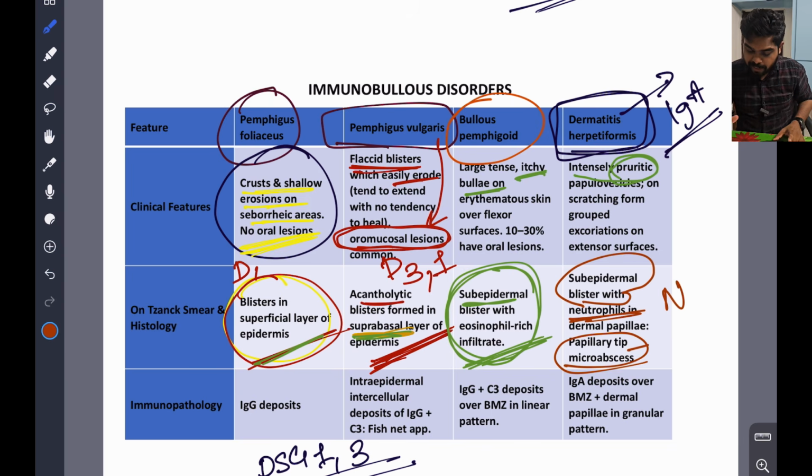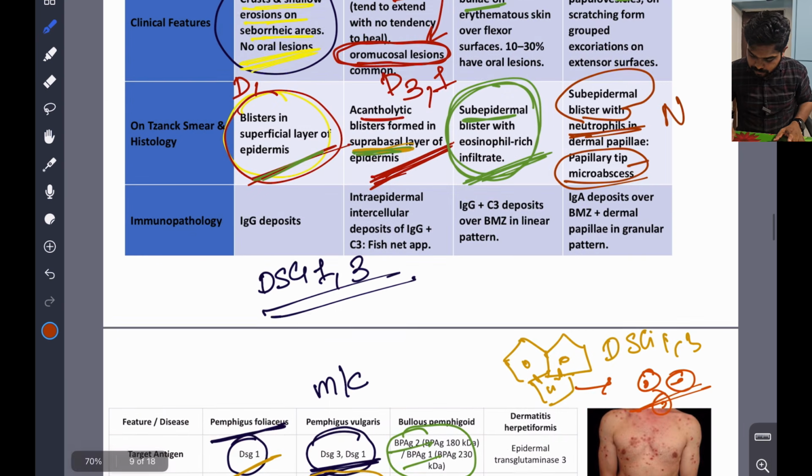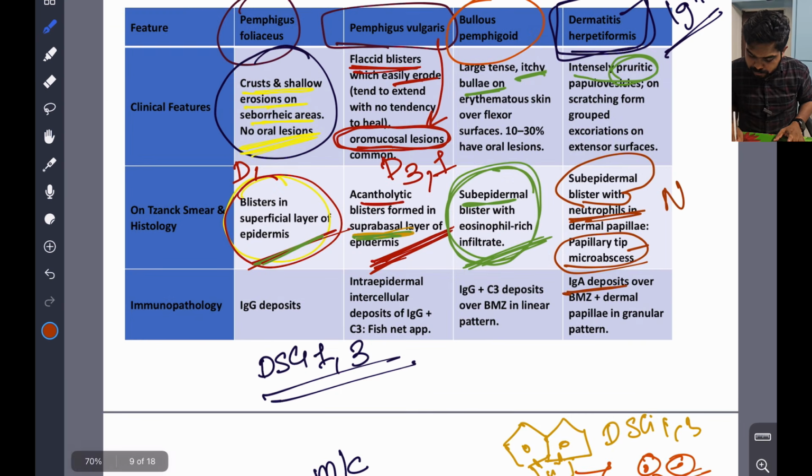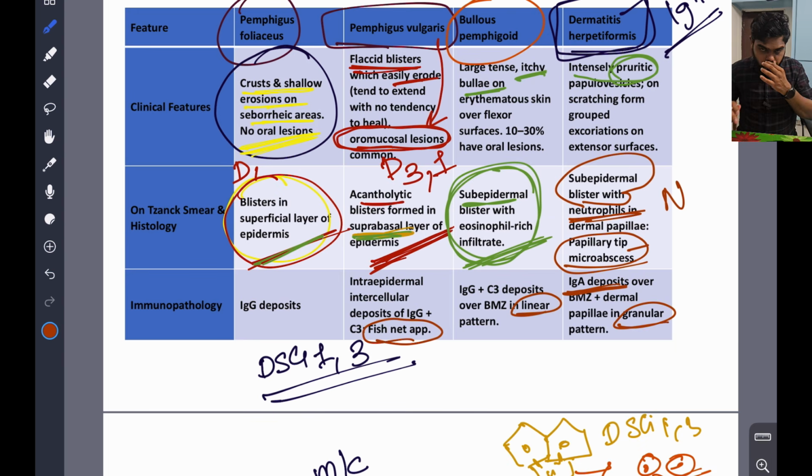So here it is dermatitis herpetiformis. You can see IgA deposits over the dermal papilla junction, in a granular pattern. We will see that. Immunofluorescence is given here: you can see the fishnet appearance, linear appearance, granular appearance. That also we are going to discuss in 2 minutes. So dermatitis herpetiformis: IgA, subepidermal blister, neutrophils, papillary tip microabscess.